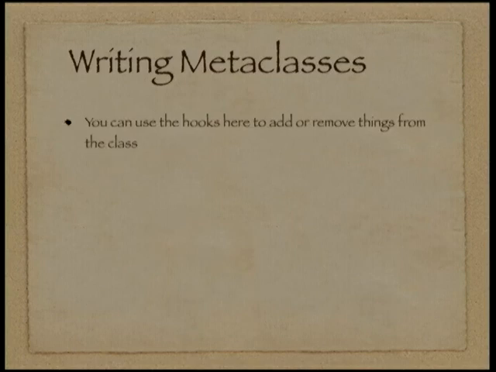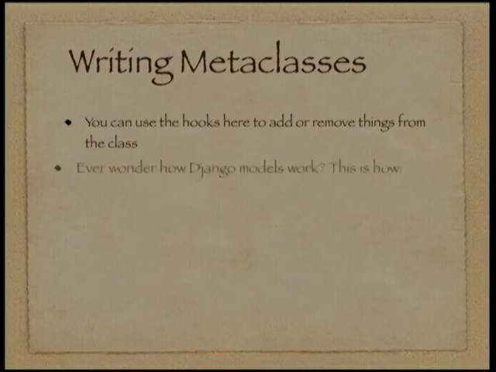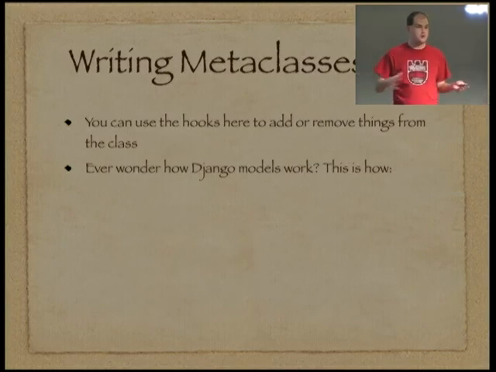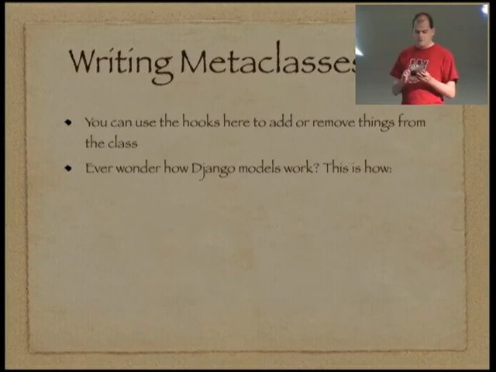These are the primary hooks to add and remove things from the metaclasses. This is actually how Django models work. For those of you that have ever used Django, you've almost certainly written a model, anything that subclasses models.Model, and you've written things like so-and-so equals models.ForeignKey, so-and-so equals models.CharField.